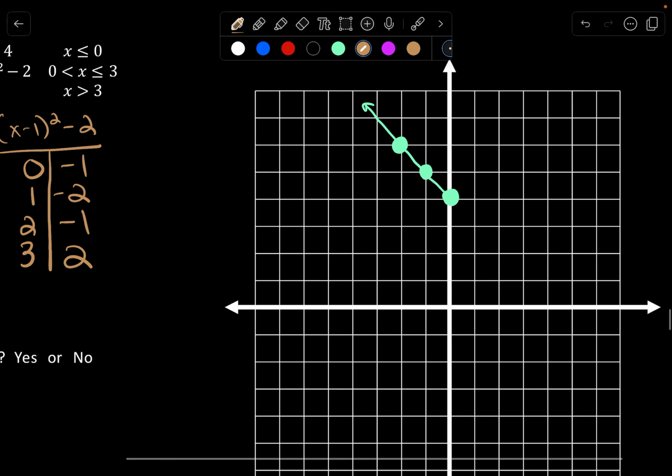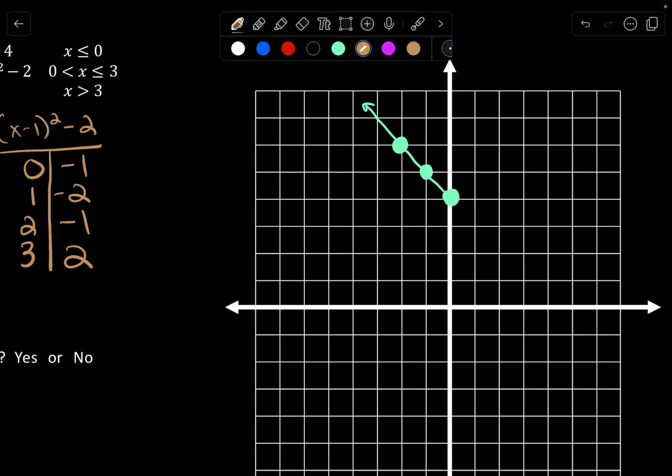All right, so if we sketch this one, we are at 0, -1, non-inclusive. And then 1, -2. 2, -1. And then 3, +2. And that is inclusive.